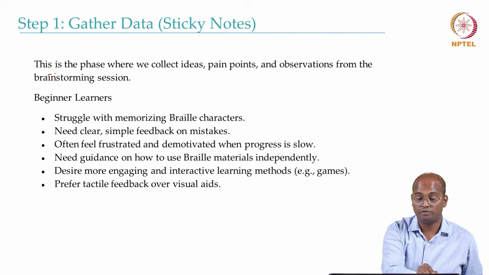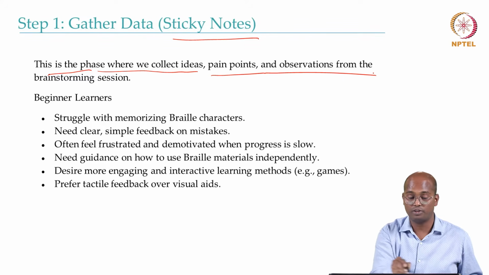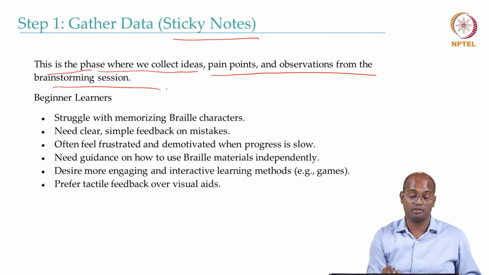So in the gather data phase, that is the sticky notes. So this is a phase where we collect ideas, pain points, and observations from the brainstorming session that we discussed earlier.